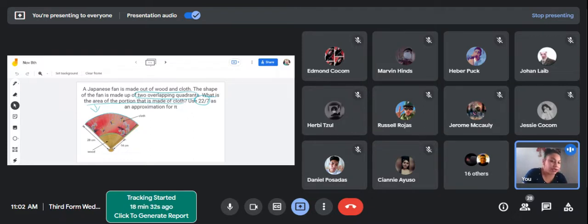Anybody has any ideas? What do you need to do to be able to solve for the area of the pink part? Or what do you need to know?